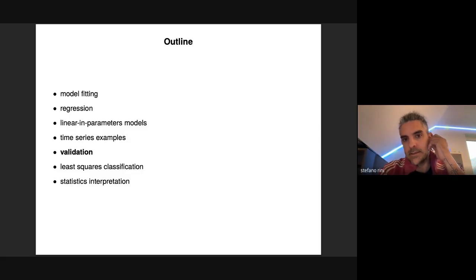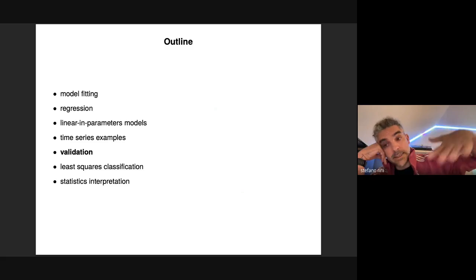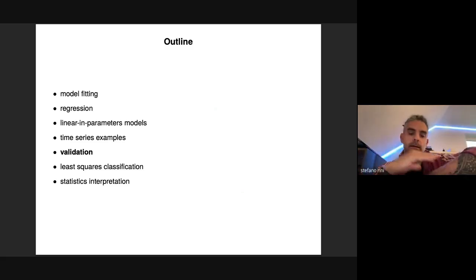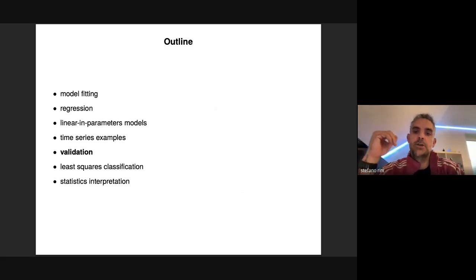So the data is divided into training set and test set, which we already discussed in the previous challenges. You train the model on the training set, and then you study its performance on the validation set. And as we said, a model overfits if the error on the training data is low, but the error on the test set is large, and this means that the generalization error is pretty large.